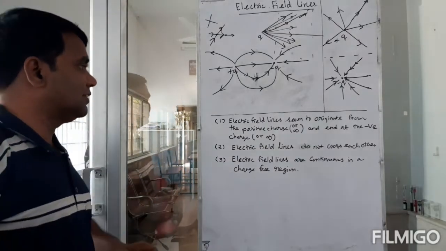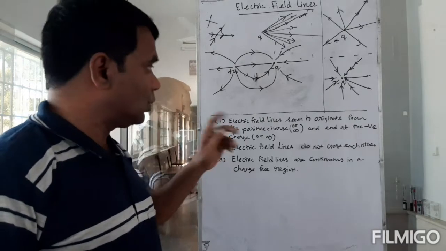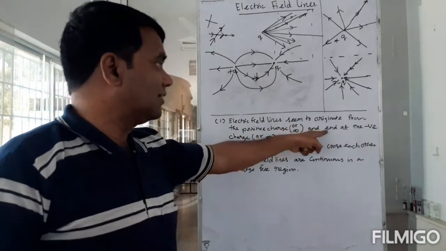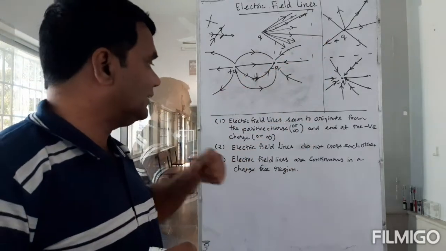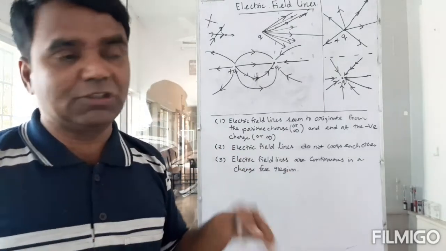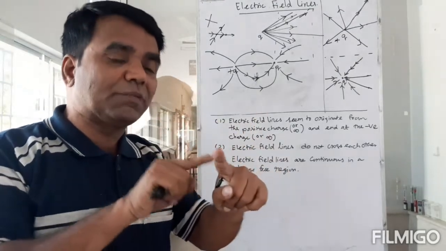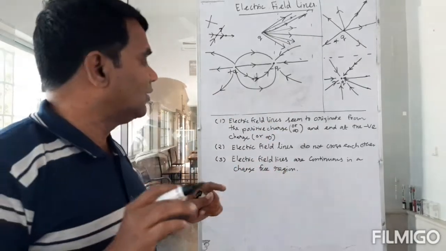So what I've got here: electric field lines seem to originate from the positive charge or infinity and end at the negative charge or infinity, as we saw. Secondly, the electric field lines do not cross each other. It's a very important point, because if they cross each other, at that point you have two directions. That can never happen. You can only have one direction.